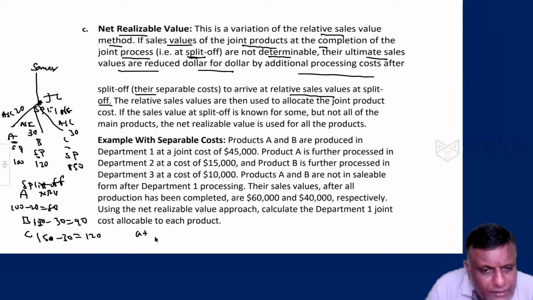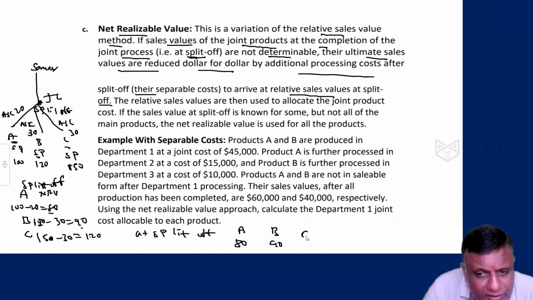So at split off, the values of A, B, C by using reverse method: A in my example 80, B in my example 90, C in my example 120. Reverse method. I know the end value. I know the after separation cost, but I don't know the split off value. But you can use reverse method. So split off NRV by using reverse method 80, 90, 120.